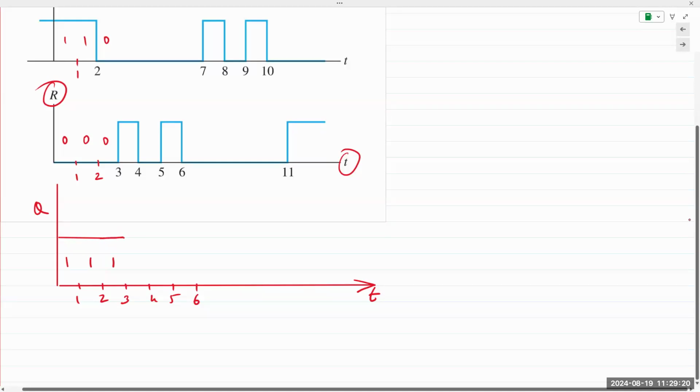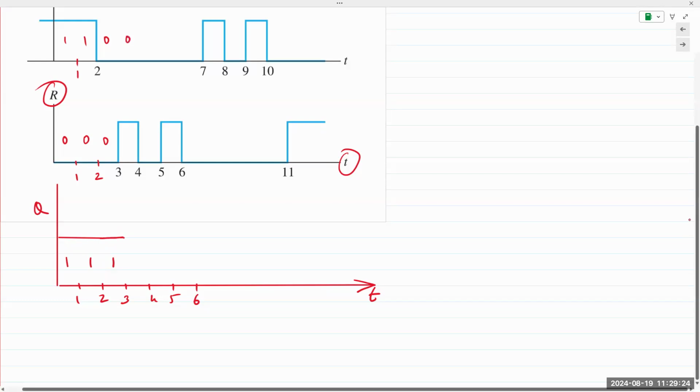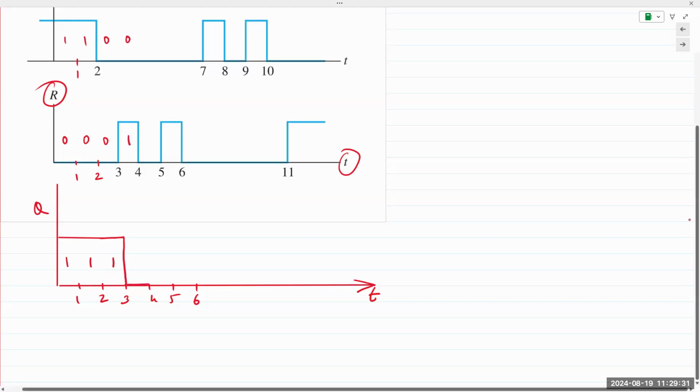Then between 3 and 4, the next clock pulse or the next cycle, set is 0, reset goes to high. That means this output goes to 0. Between 4 and 5, both are 0. Output remains the previous state, which is still 0.